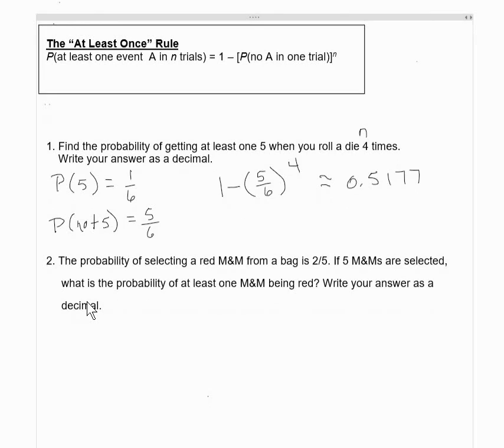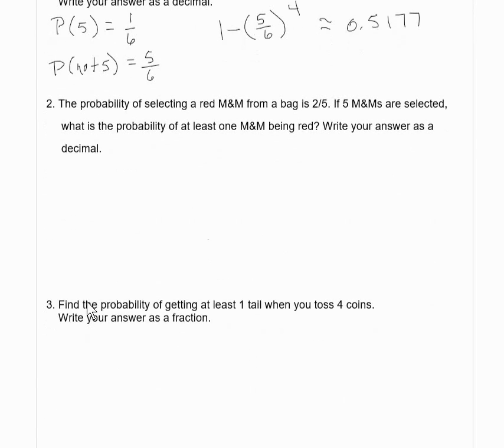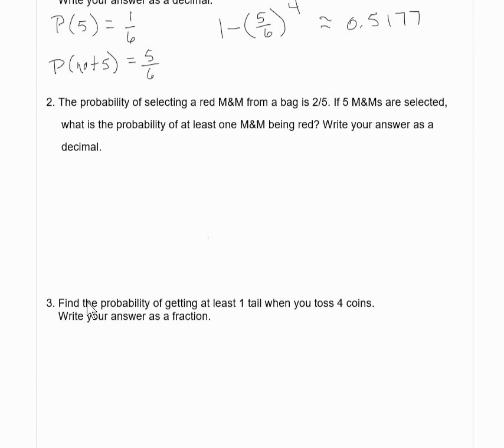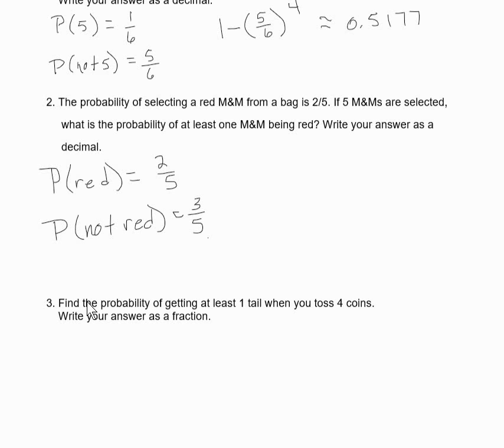Okay. Problem 2, the probability of selecting a red M&M from a bag is 2 out of 5. If 5 M&Ms are selected, what is the probability of at least 1 being red? And write your answer as a decimal. Okay. The probability that it is going to be red, I'm told in that first sentence, is 2 out of 5. So the probability that it is not red is going to be 3 out of 5.